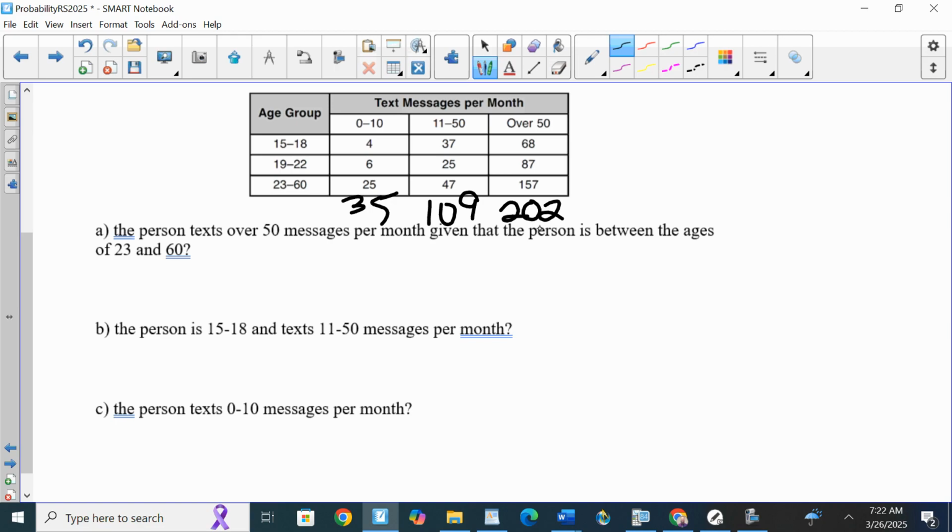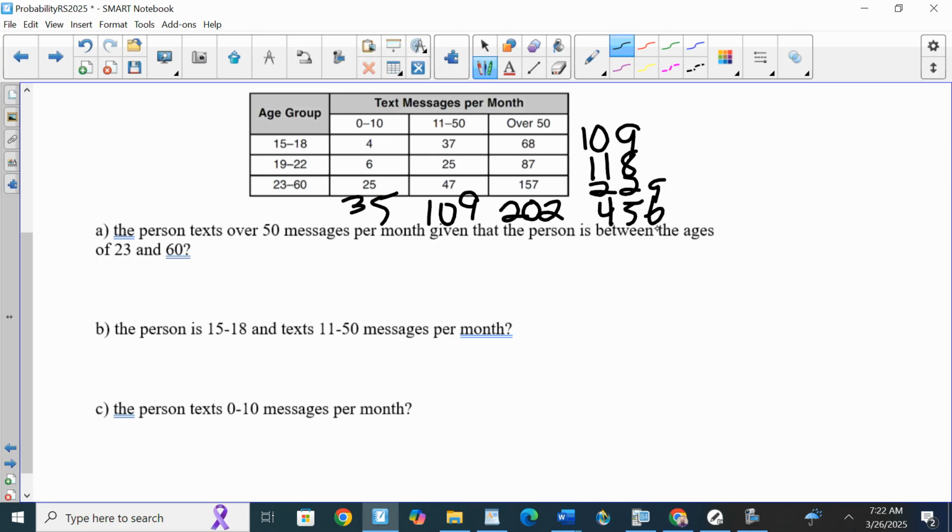This is 109. 6 plus 25 plus 87, 118. 25 plus 47 plus 157, that's 229. Total, 456.